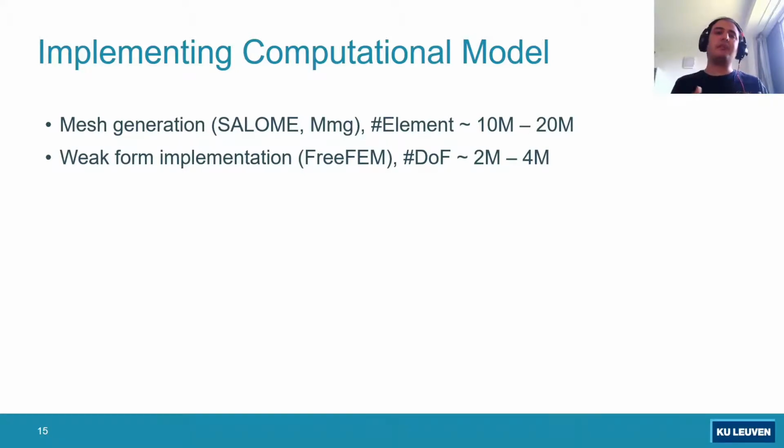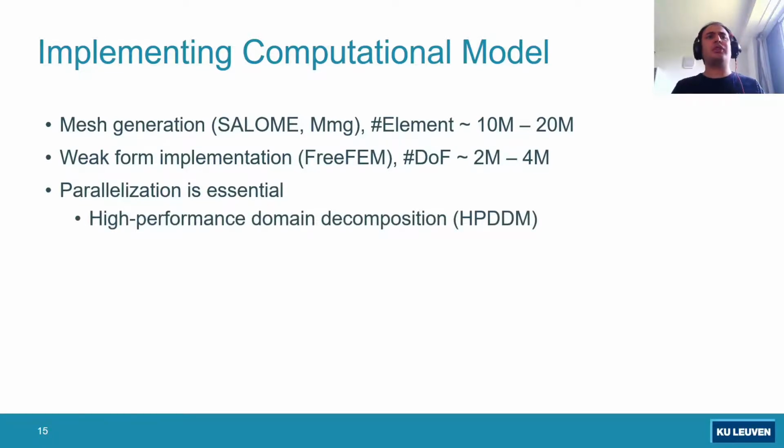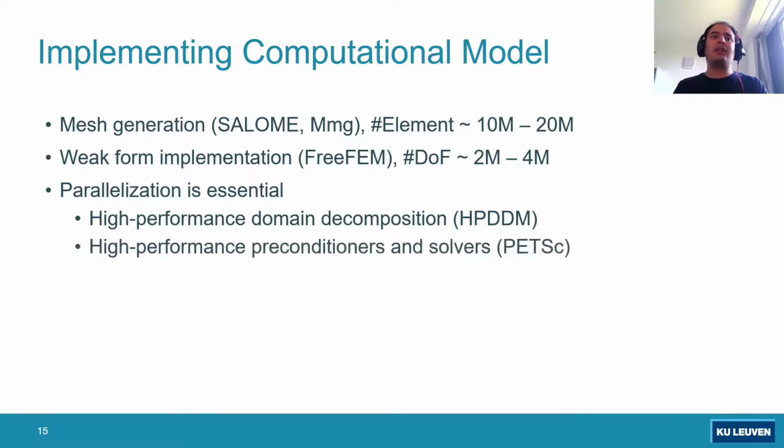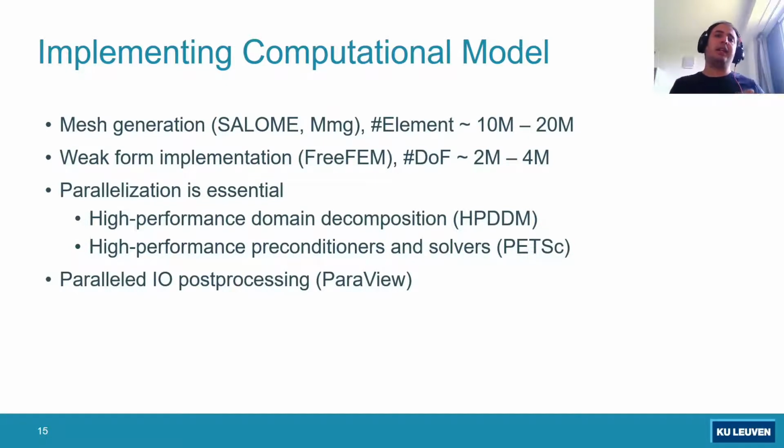So that's how it works in practice, and this is the reason that parallelization is essential for this work. We employ a combination of two techniques: high performance domain decomposition and also high performance preconditioners and solvers. And also the I/O, the input-output of the results, is done in a parallelized way for parallelized post-processing.